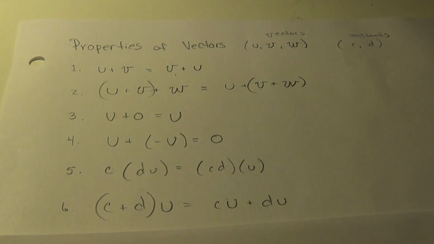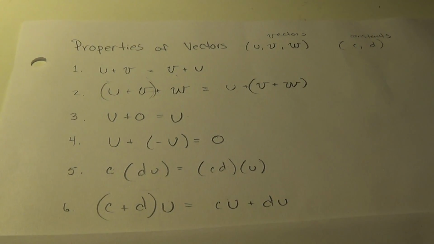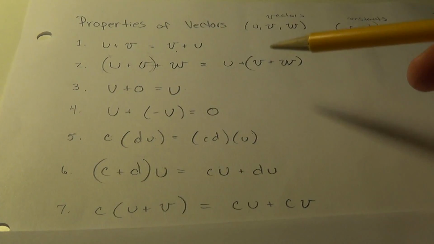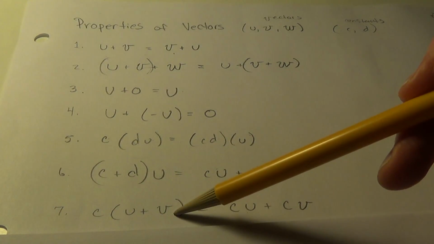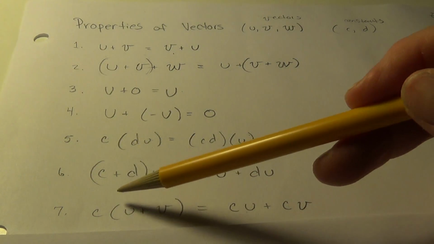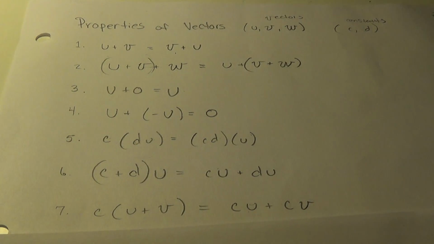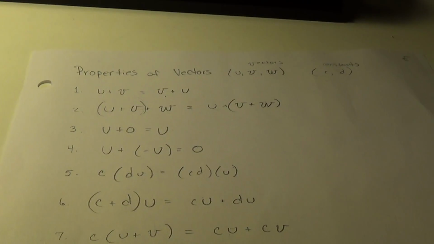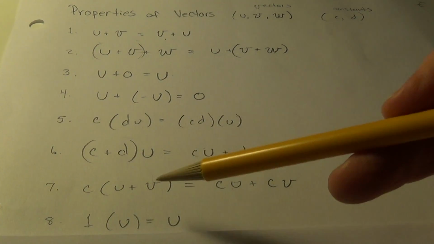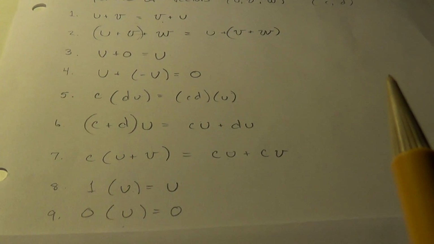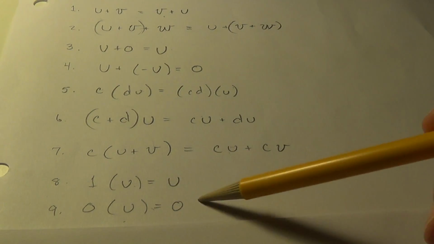So we have the distributive property. And that works the other way. If you have two vectors added times a constant, you can distribute the constant to each vector. So another type of distribution. 1 times any vector is that vector. And 0 times any vector is 0.